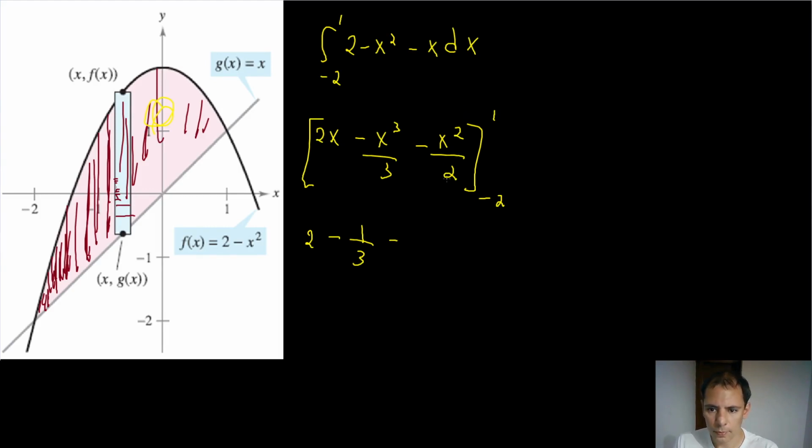So it's going to be minus 1 squared divided by 2, so minus half. Then you have to do a minus, and it's good to open the parentheses here because you have to put the minus 2. So 2 times minus 2 is going to be, well, maybe we can already do it.